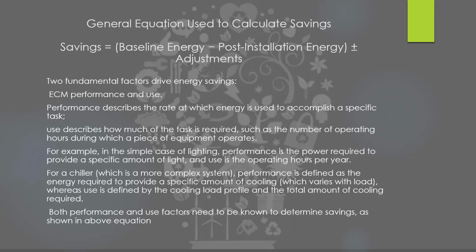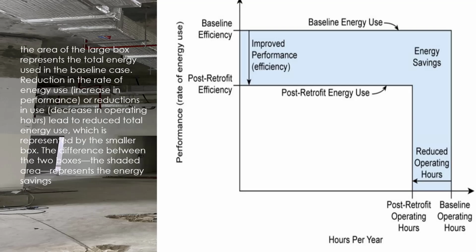For a chiller, which is a more complex system, performance is defined as the energy required to provide a specific amount of cooling, which varies with load, whereas use is defined by the cooling load profile and the total amount of cooling required. Both performance and use factors need to be known to determine savings, as shown in the above equation. Let's see this general equation in graph form.